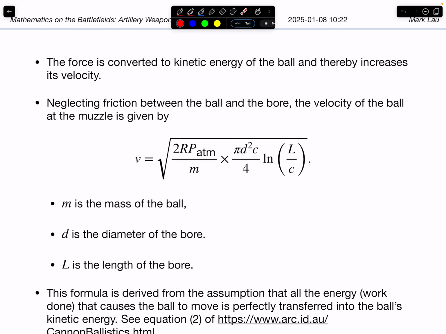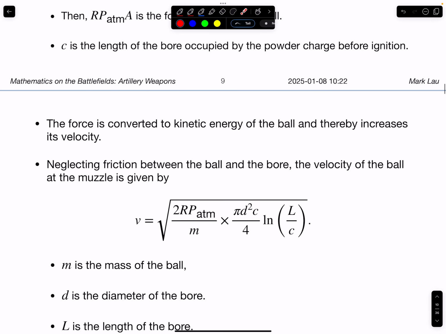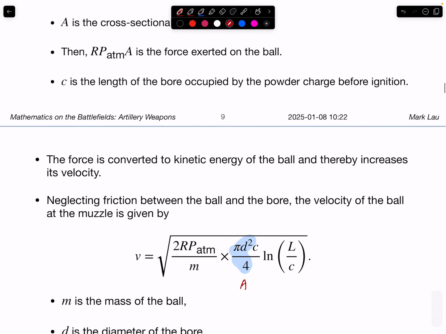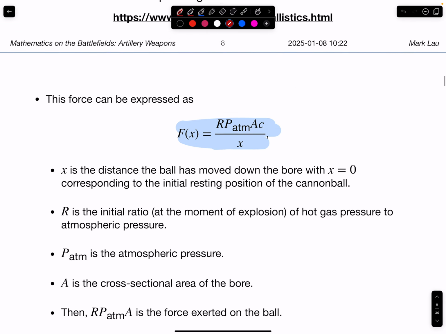Is there any way I can derive this formula? So this is the force. We don't know. This is the area, A. And what is M? M is the mass of the ball.